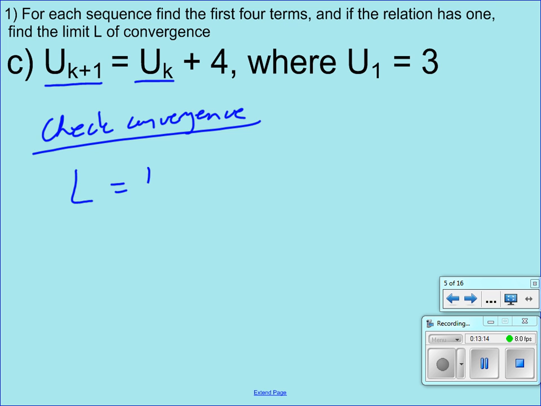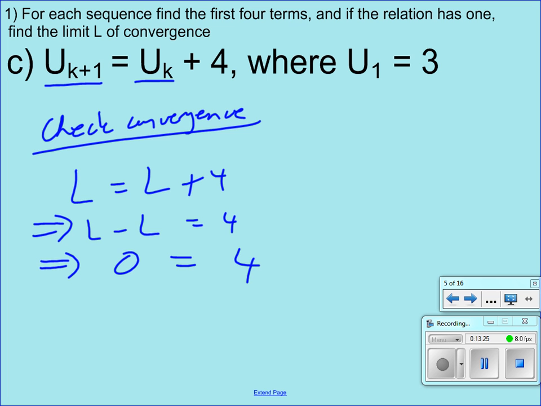So replace everything by L. Put all the L's on one side. I get L minus L equals 4, which means 0 equals 4. But that's ridiculous. 0 does not equal 4, does it? 0 doesn't equal 4. This sign means does not equal.